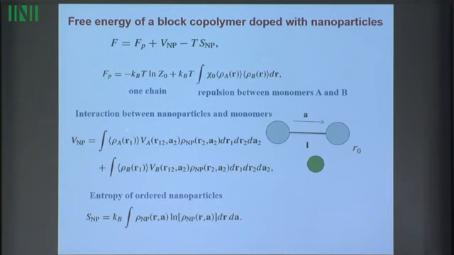Now, if we consider the contribution from nanoparticles, there are two terms which describe interaction of the nanoparticle with monomers A and B. And finally, there is this orientational entropy, which is well known in the theory of liquid crystals, which comes into play if there is some degree of orientational order.